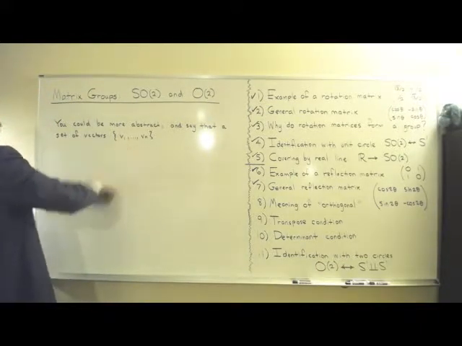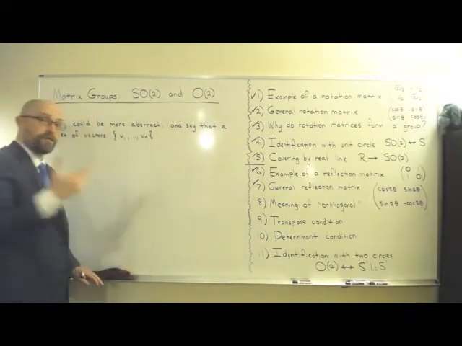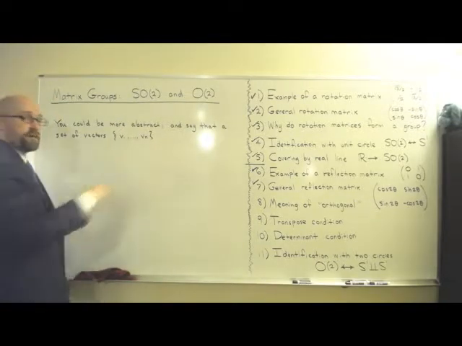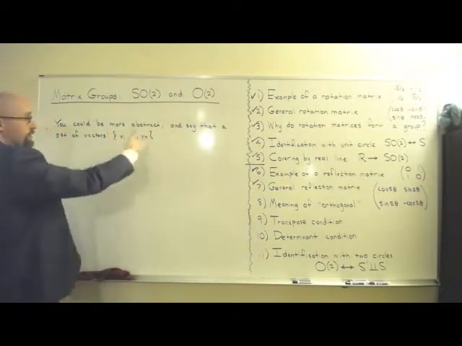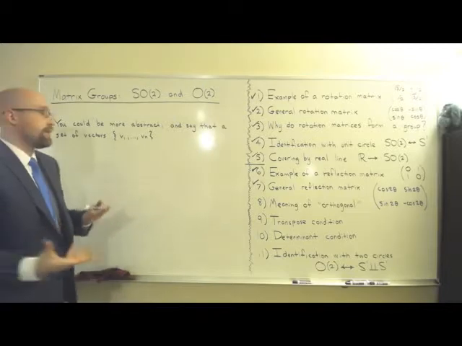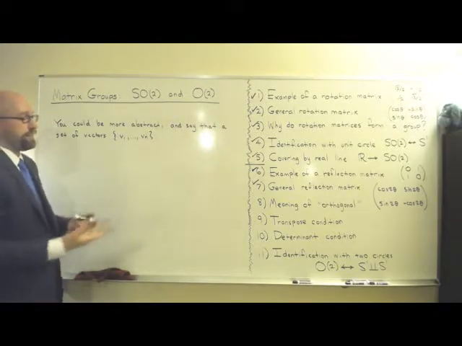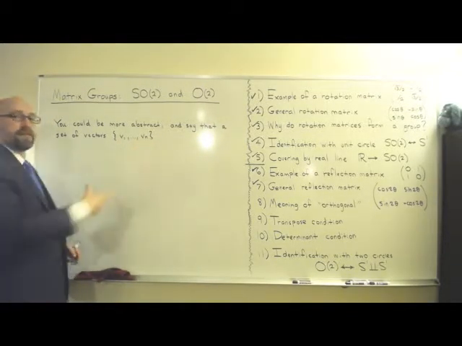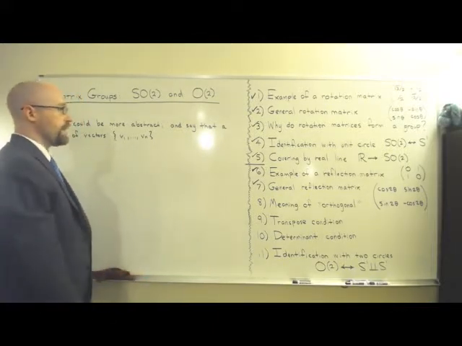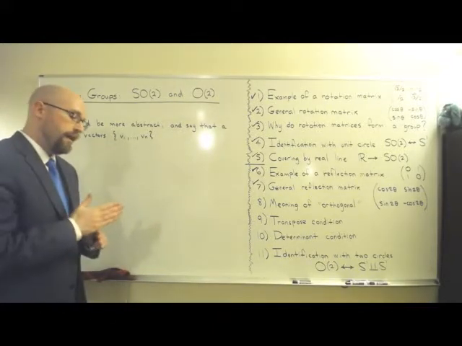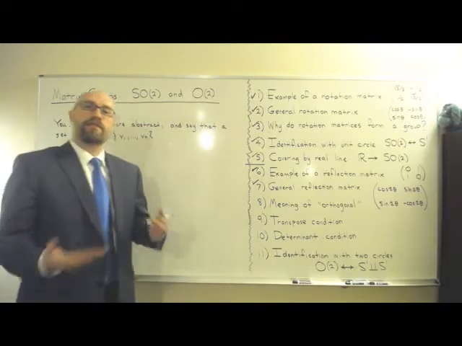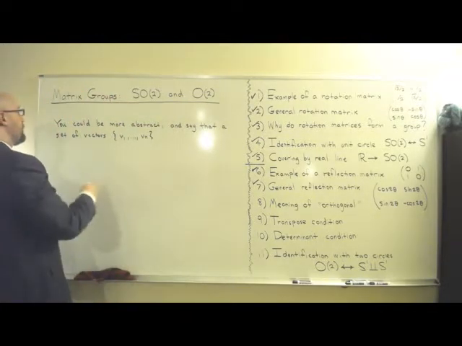But here, if we have n vectors, we might have more entries than that. Each of these is supposed to be a vector, and they're each supposed to have some number of entries, it might be n. That would be a typical case, because you can have n independent vectors in an n-dimensional context where you have n entries to each one.